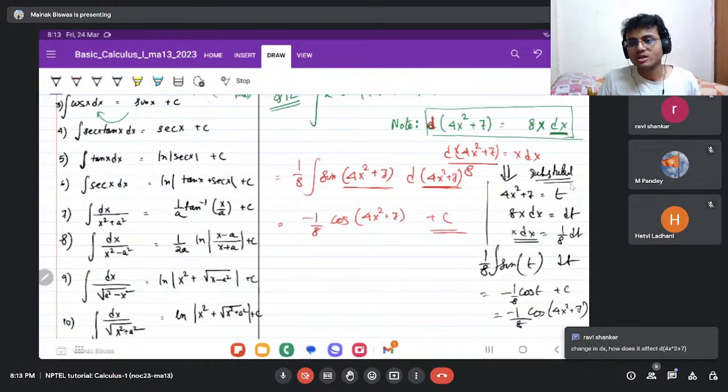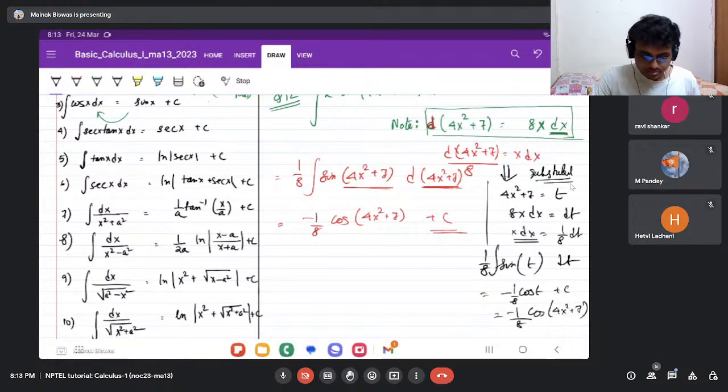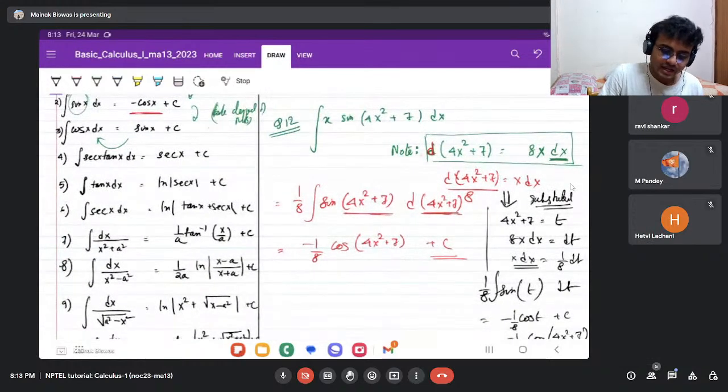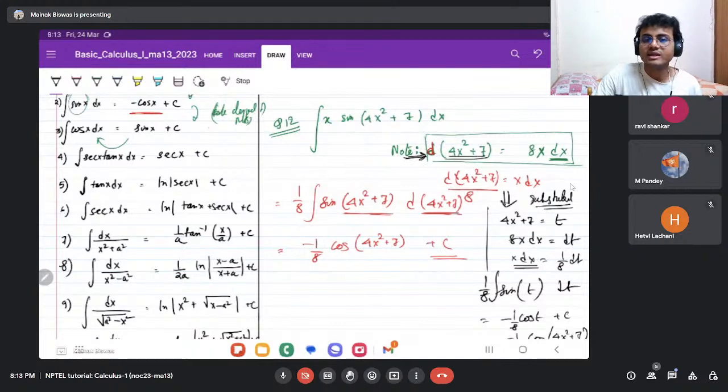Change in dx, how does it affect? No, do you see I am taking a derivative, a differential of this function. If I take a derivative with respect to x, there is only one variable that you have, that is x.